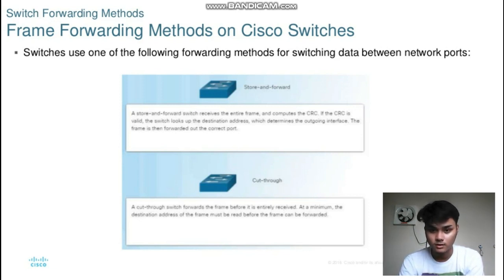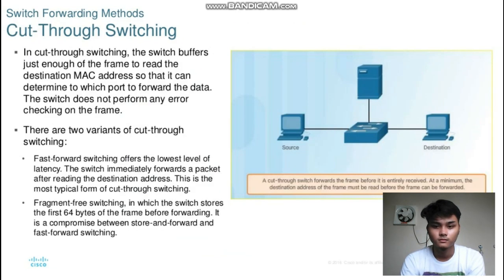So this is the difference. In cut-through switching, the switch buffers just enough of the frame to read the destination MAC address.